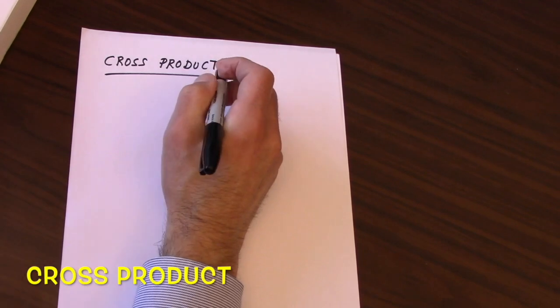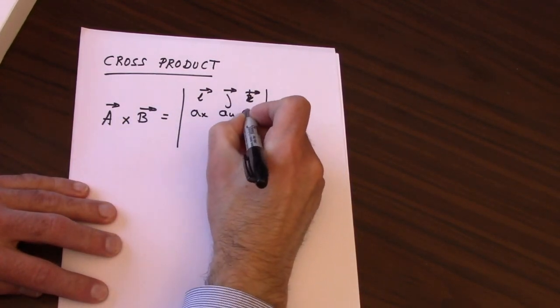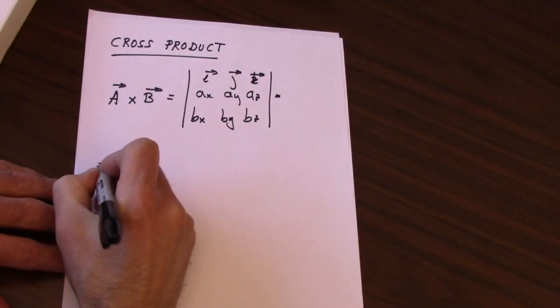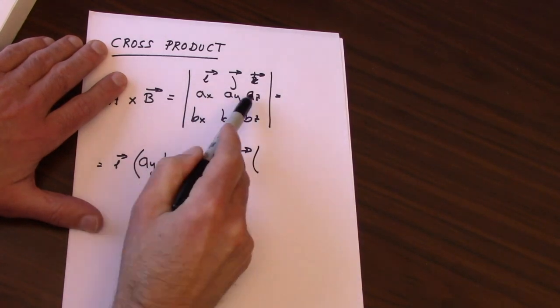Vector product or cross product. The cross product of two vectors is another vector a cross b, whose components can be calculated with the determinant of the matrix.